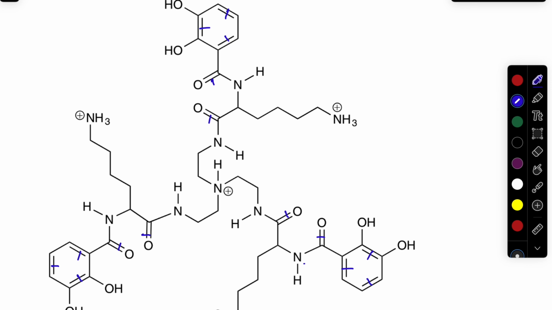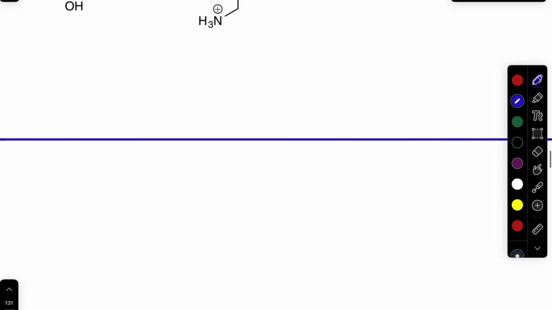Right, there are no invisible pi bonds. So 15 rings 1, 2, 3, no phenyl group. Yes, 15 plus 3, 18. So this is degree of unsaturation of this particular compound.